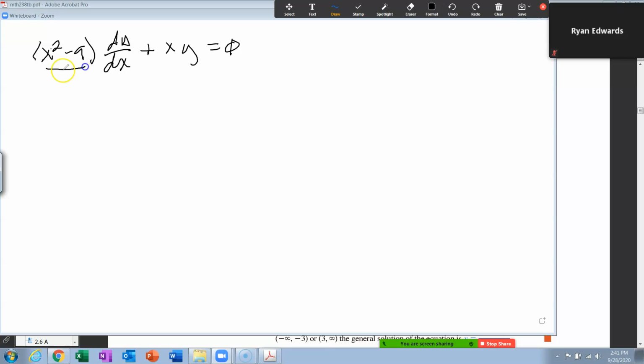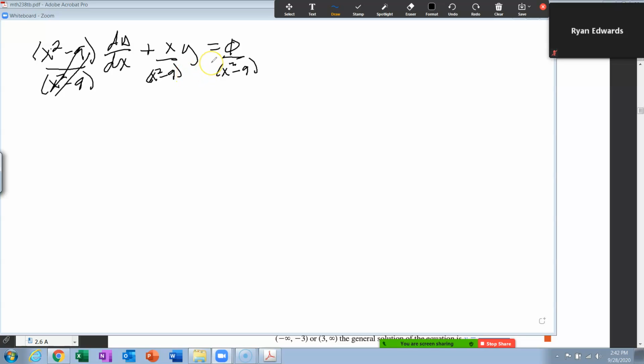So we'll divide each term by x squared minus 9, dividing this by x squared minus 9, and dividing 0 by x squared minus 9, which is sort of meaningless because anything divided into 0, except 0 itself, is 0. So that's going to go away. Here we got rid of our coefficient function. That's what the plan was.